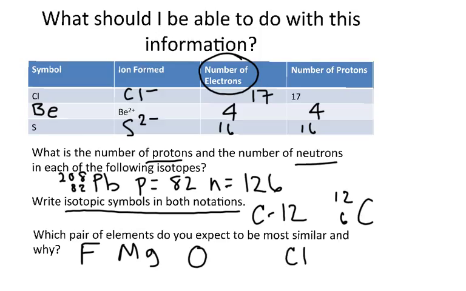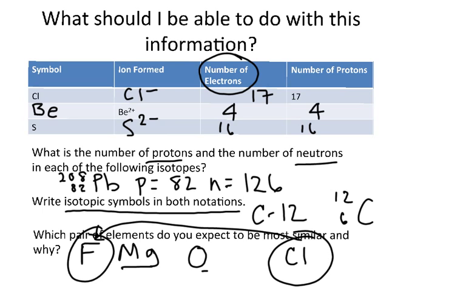Chlorine is in group 7A, fluorine is in group 7A, magnesium is in group 2A, and oxygen is in group 6A. So because chlorine is in group 7A, it's going to be the most similar to fluorine, which is also in group 7A. So I expect you to be able to answer questions like that.